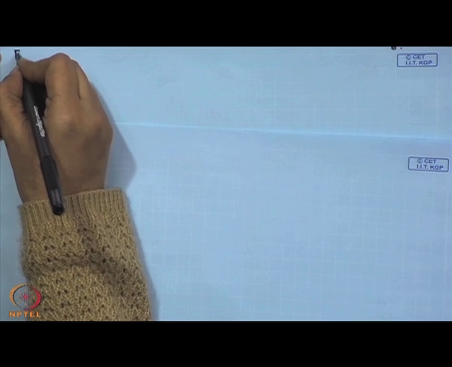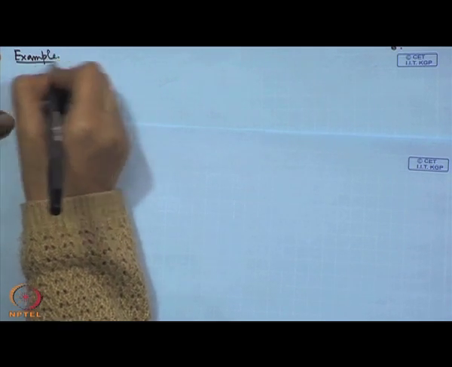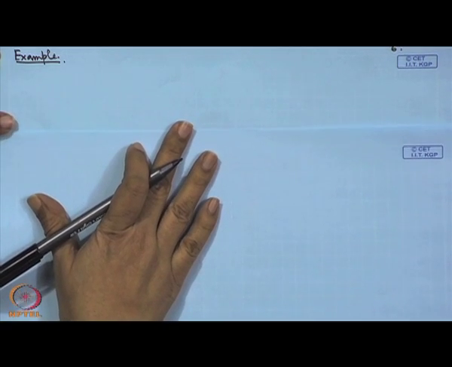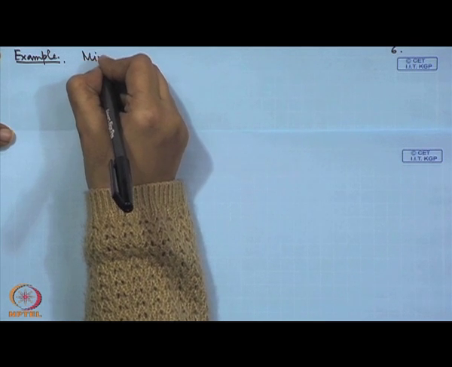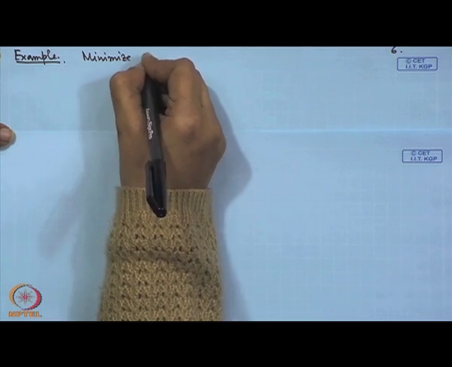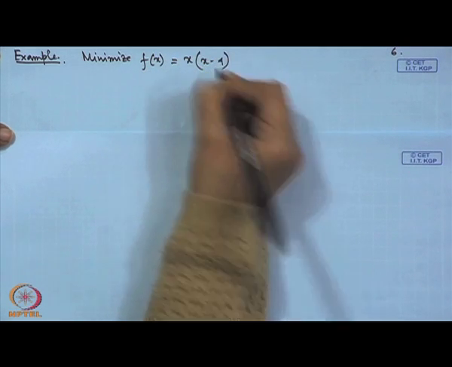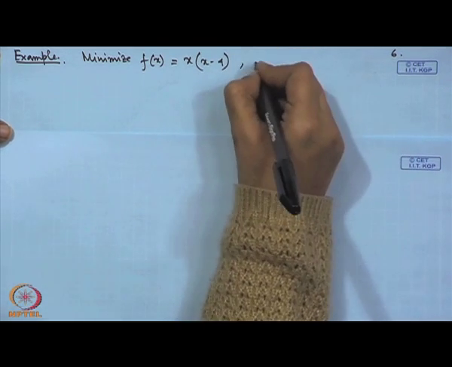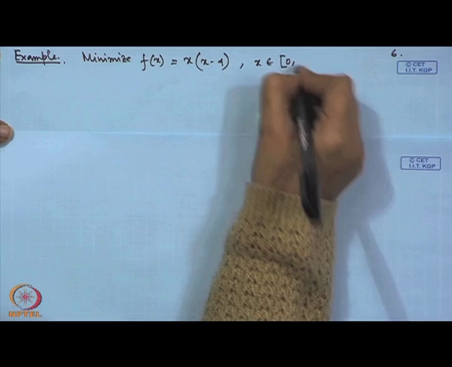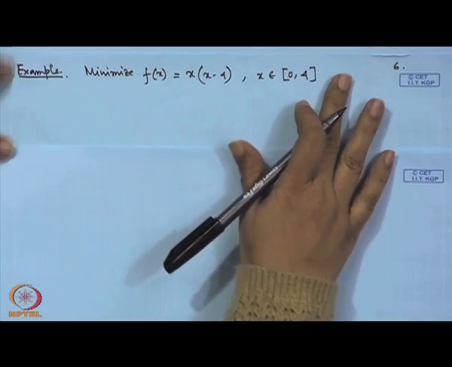We are considering a simple example here. Consider a problem of minimization again, and we are trying to minimize f(x) = x(x - 4), which is a nonlinear function of a single variable x, and here it is given that x is between 0 and 4, that is the domain of definition.